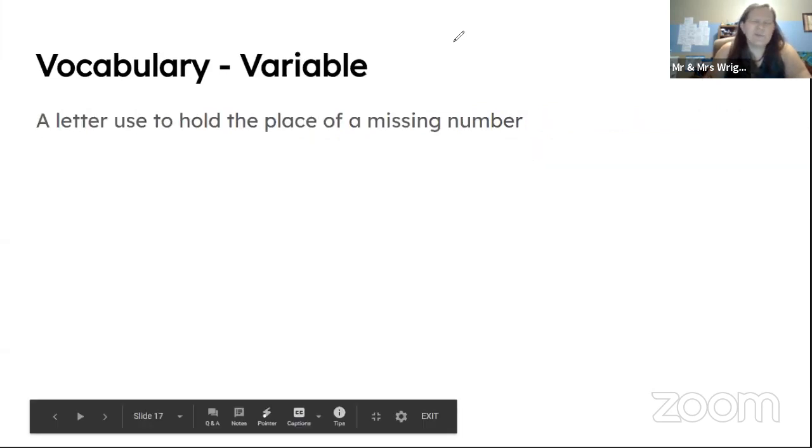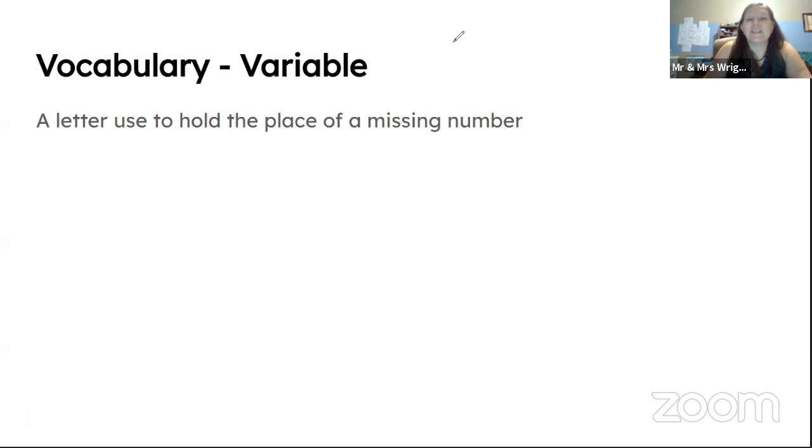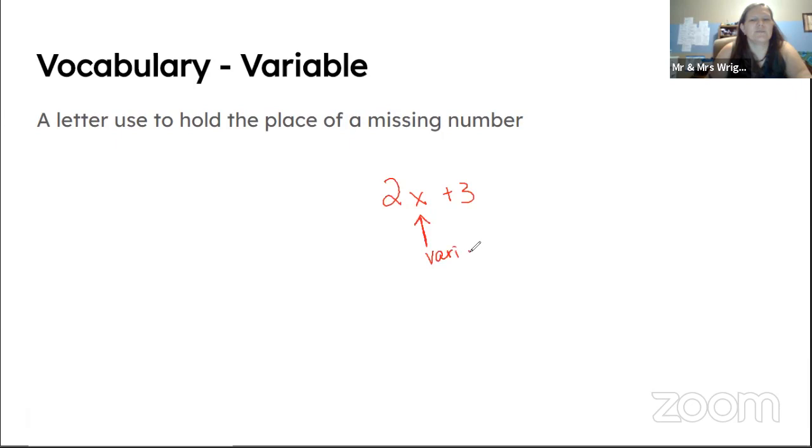So variable, well, we kind of used that just a second ago. So maybe you already know, but it's the letter that's used in place of a missing number. So 2x plus 3, this has two terms, and x is our variable. Any letter will do. It doesn't have to be x. Sometimes it's y, sometimes it's z, sometimes it's a, b, or c.